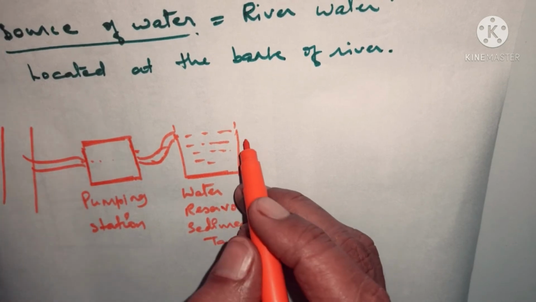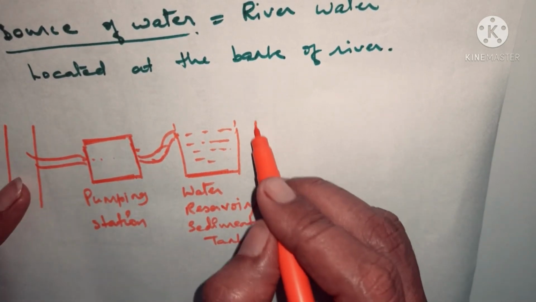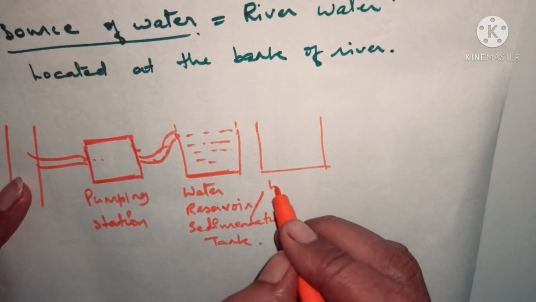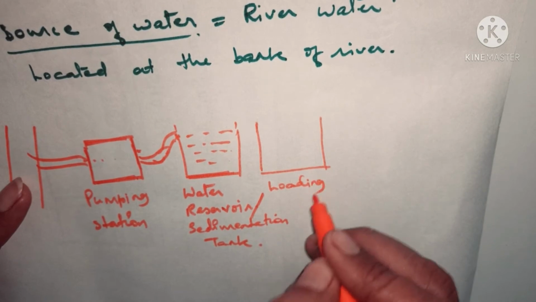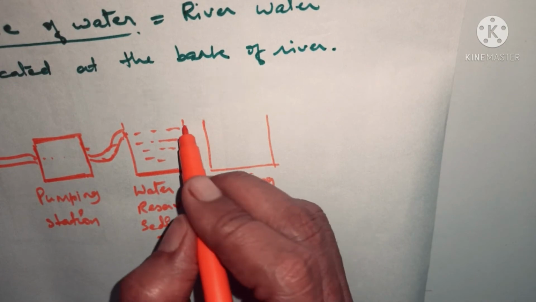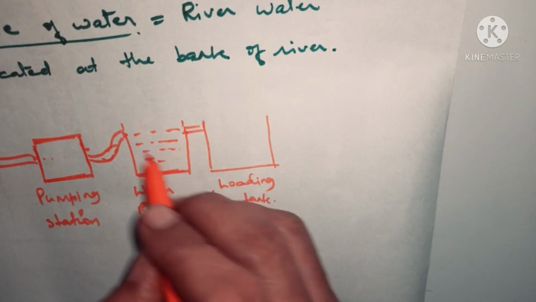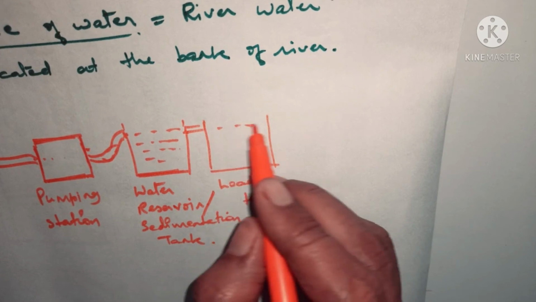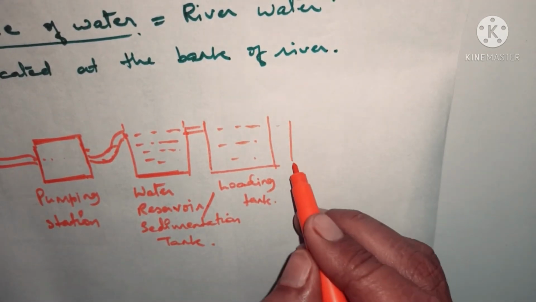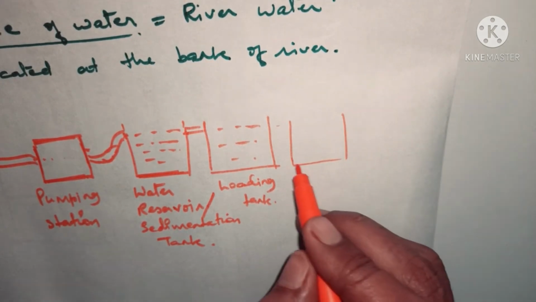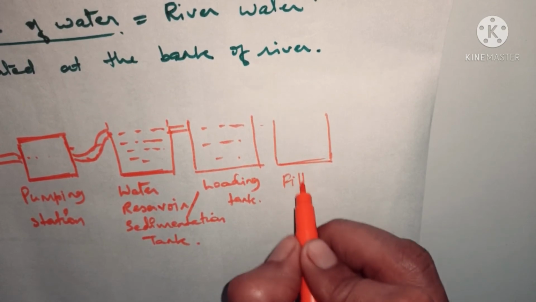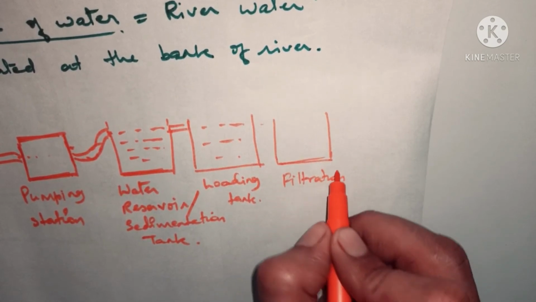After this there is another tank, and it is known as the loading tank. Then this water, after cleaning, where you just remove the particles, passes through to another tank where you have filtration, which is known as the filtration tank.